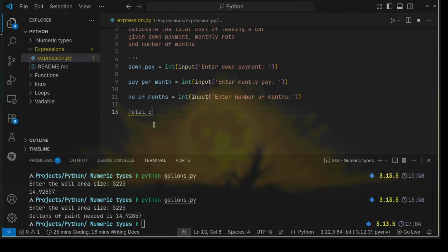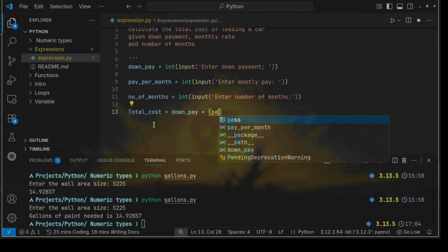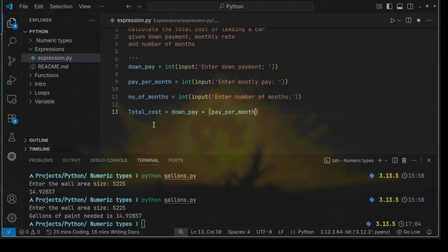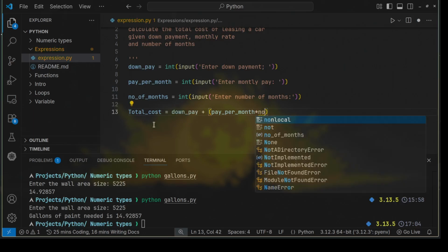Total cost is equal to down pay, we add payment per month multiplied by the number of months.